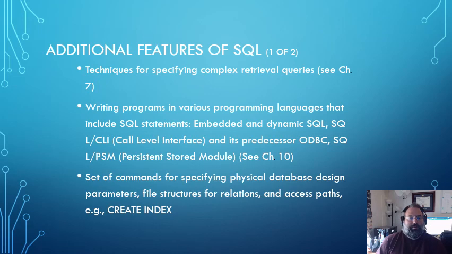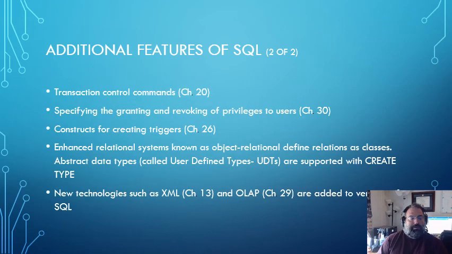Additional features of SQL: you have techniques for specifying complex retrieval queries, and writing programs in various programming languages that include SQL statements embedded in them, such as dynamic SQL, SQL CLI and its predecessor ODBC, SQL PSM, and so on. There's a set of commands for specifying physical database design parameters, file structures, and access paths for relations, and that's through create index.